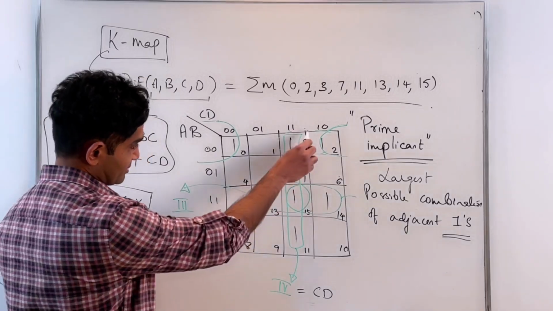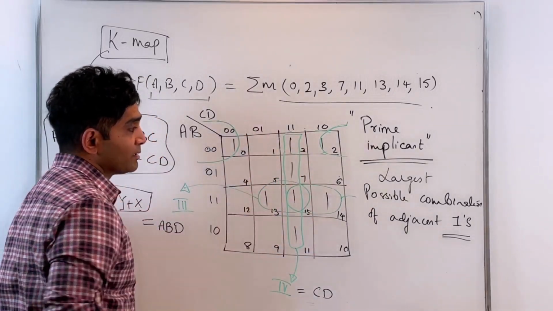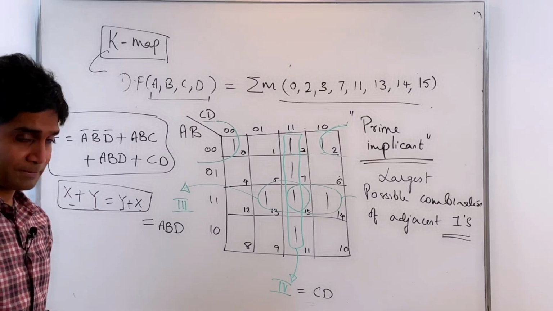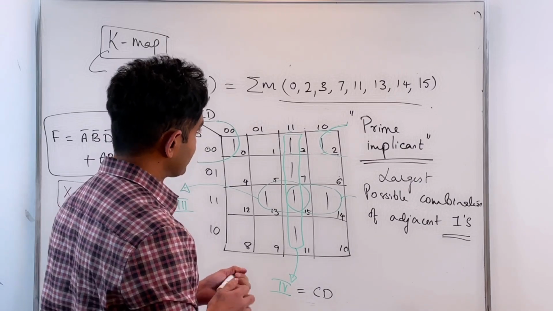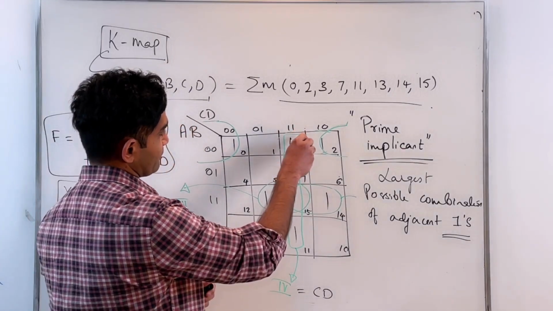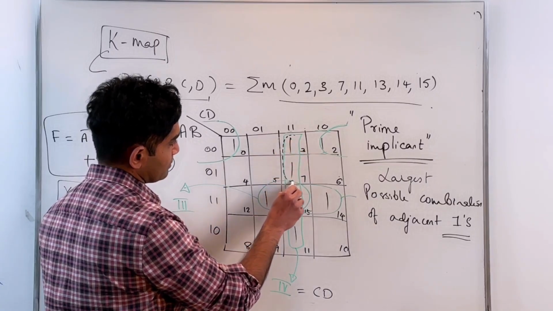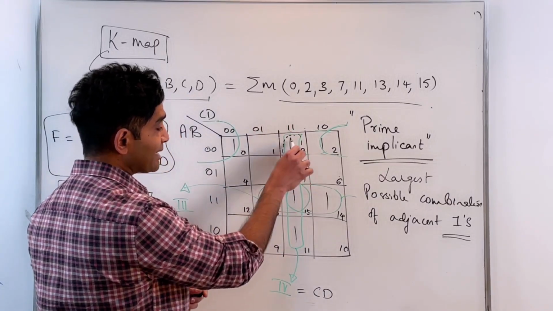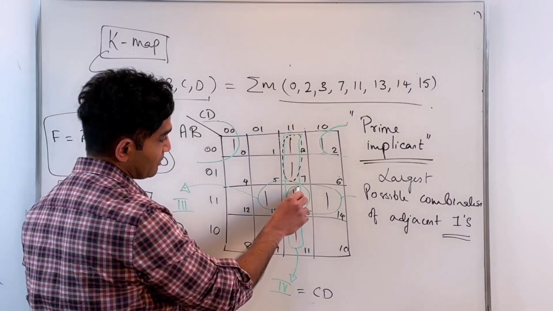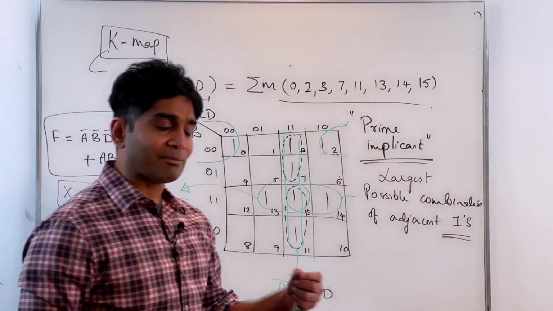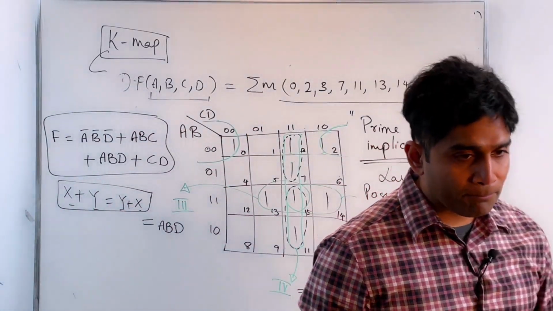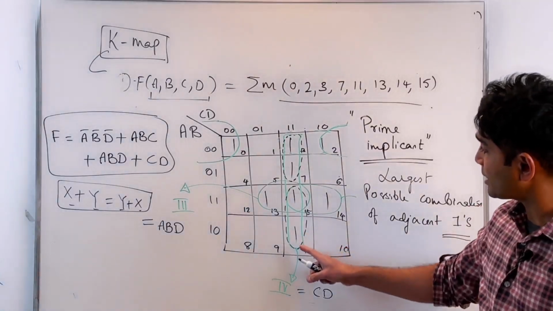So all of these that we have combined here, each one of them will be a prime implicant. What will not be a prime implicant would be a combination like this. For example, if I combine these two cells because they are adjacent, those combinations are not called prime implicants because I could have combined them into a larger combination.